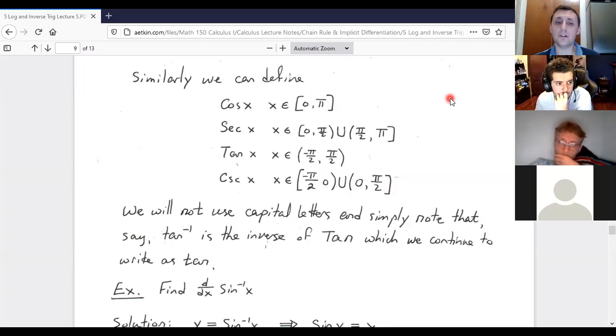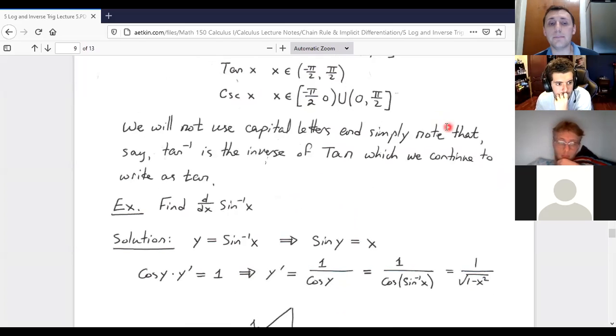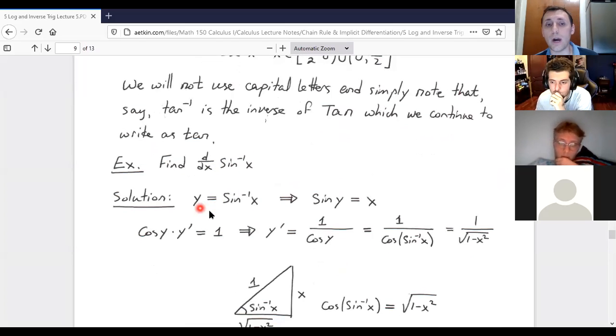The minute is over, and this is a simple trick that you can do. So you say y equals sine inverse of x.